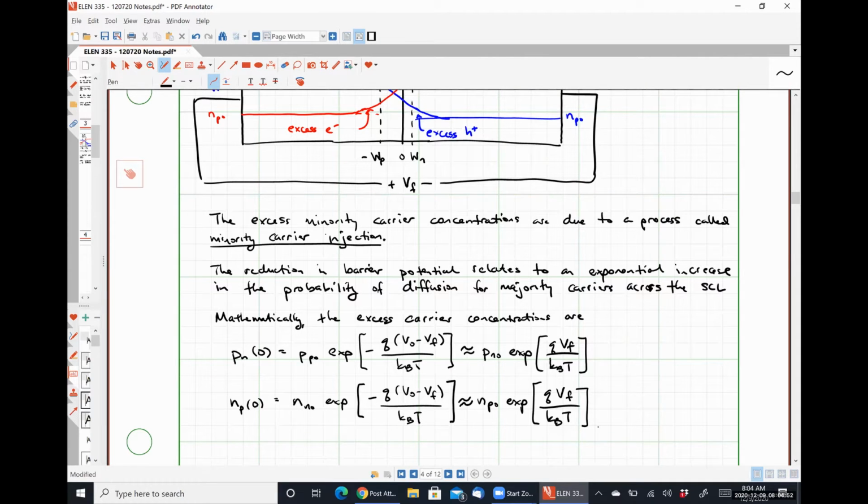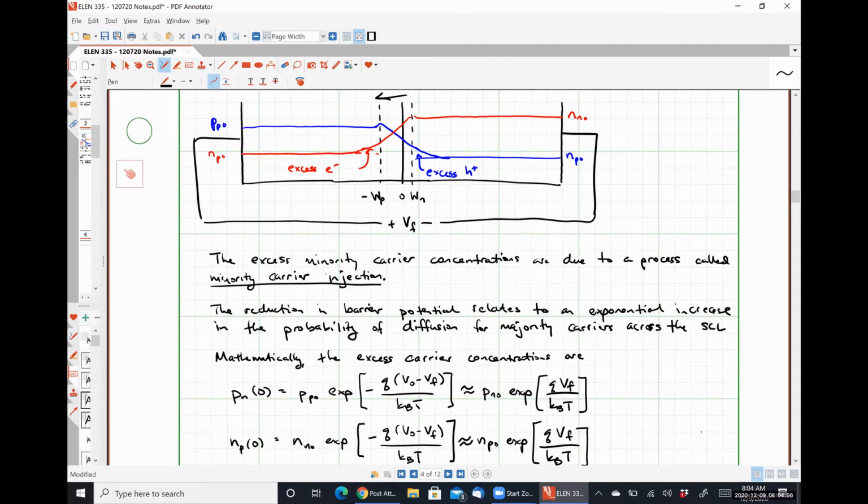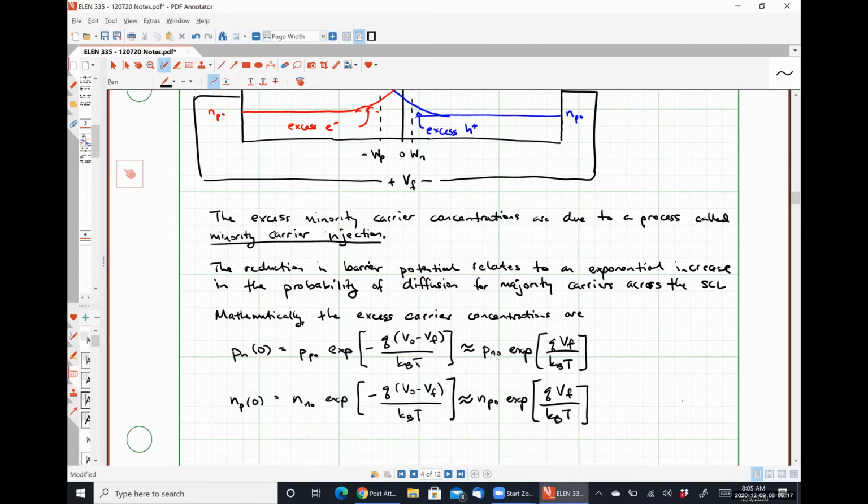So this is specifically talking about the concentration at the very edge of the depletion region. We're not looking at how it's decaying, because Q, VF, and kBT are all constants.